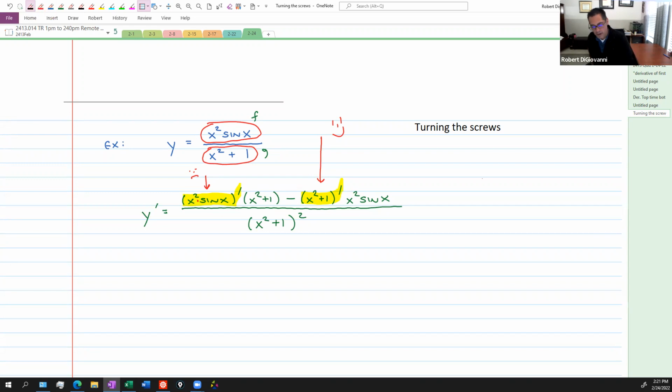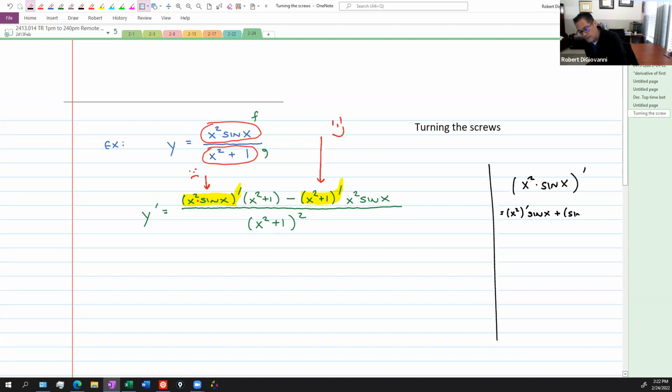So over here on the side, I've got to figure out what the derivative of x squared sine x is. And then I apply the product rule, which would mean I take the derivative of the first one times the second one plus the derivative of the second one times the first one. You see, I've got a product rule that lives inside of a bigger quotient rule that I'm in the middle of.